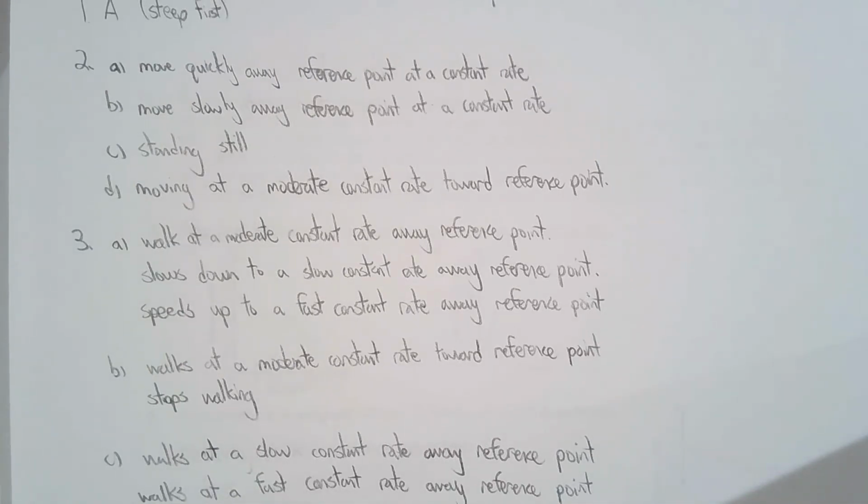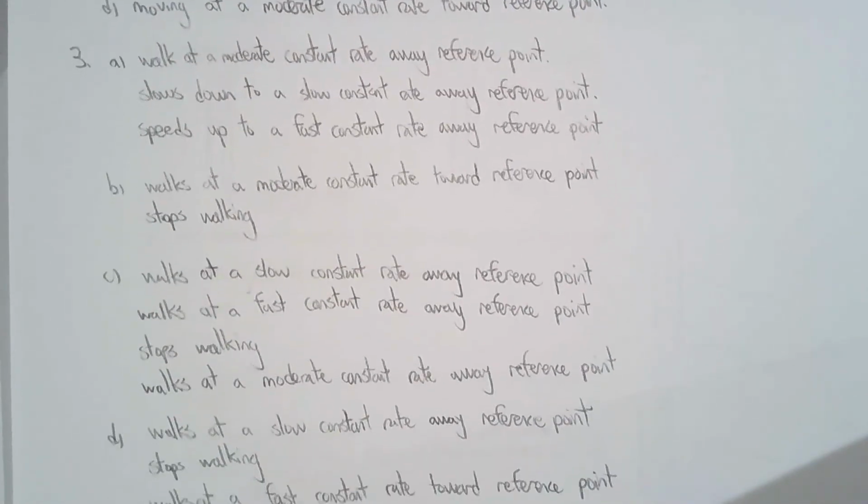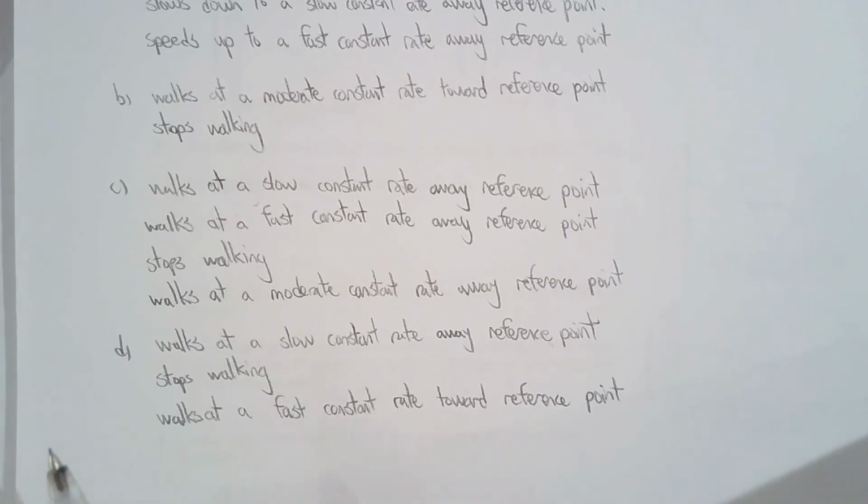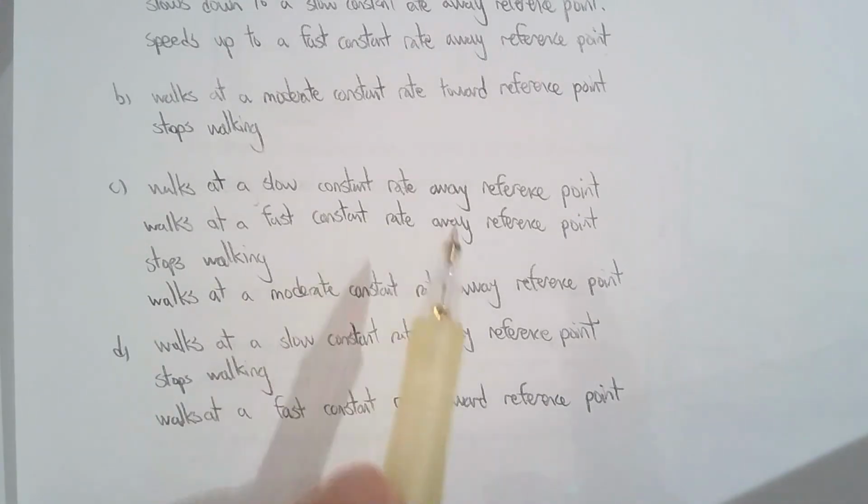So I basically did the same thing for 3B, 3C, and 3D. I didn't put the answer for number 4 because I looked at the answer and that's exactly the graph I would have had. But my wording was a little different than the answers, so I prefer when you add words like constant rate and reference point.